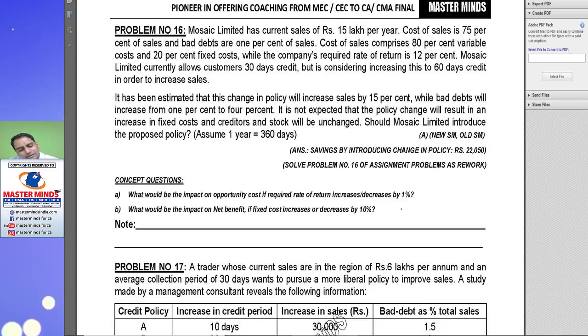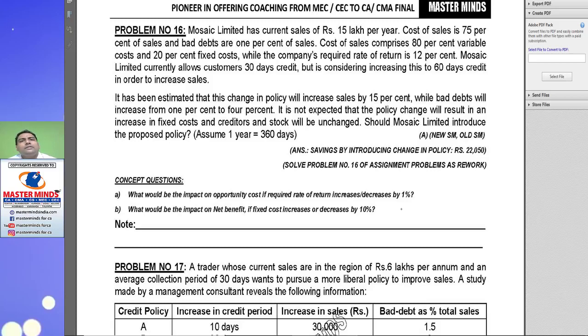It is not expected that the change will result in an increase in fixed cost. That means the present fixed cost will be continued. There would be no change in fixed cost on account of increase in sales.